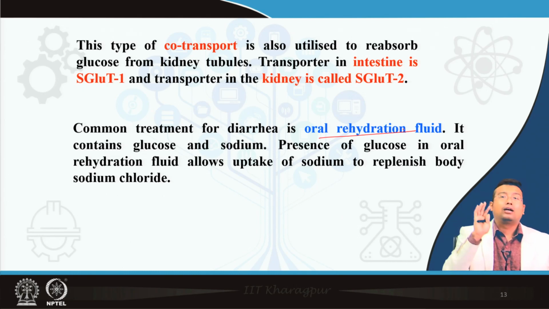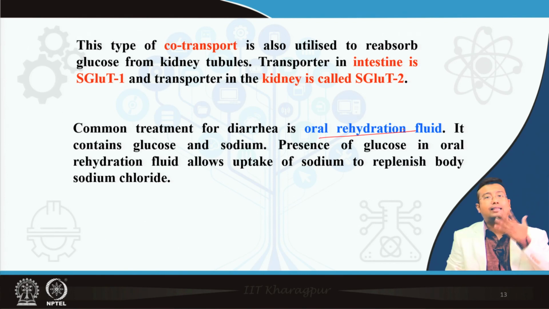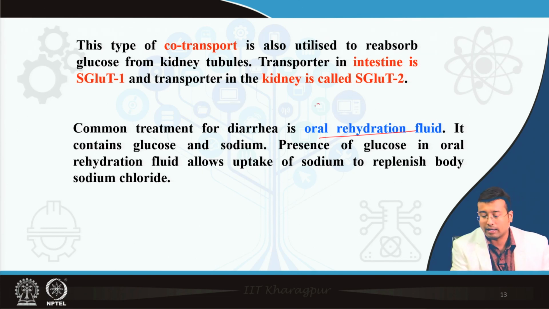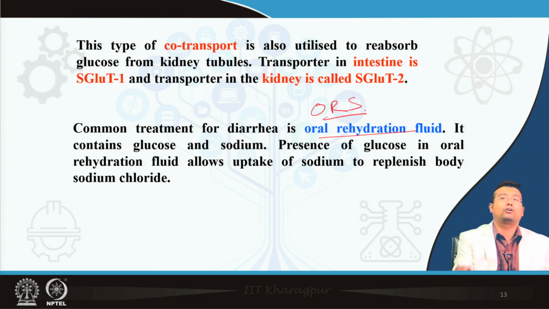But if glucose is combined with sodium chloride in the solution, it acts as a wonder drug. Glucose and sodium get co-transported, and this prevents the dyselectrolytemia. This is the principle of ORS, oral rehydration salt, or oral rehydration fluid, and it is the mainstay of any form of diarrhea.